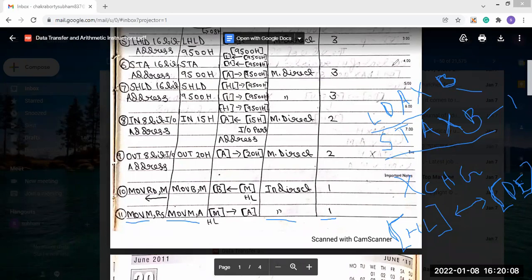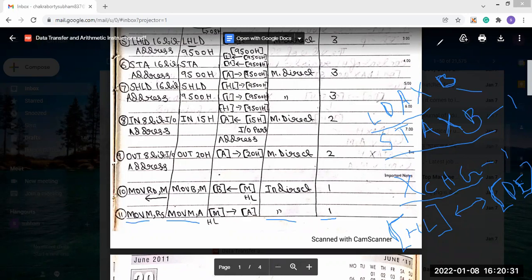That's why this is implicit. And the byte length will be 1, because there are no operands, no 16-bit address, no numerical value present.